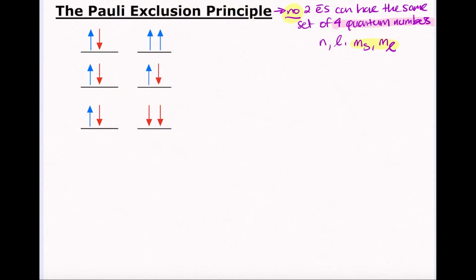ms is known as the electron spin quantum number, and ml is the magnetic quantum number.